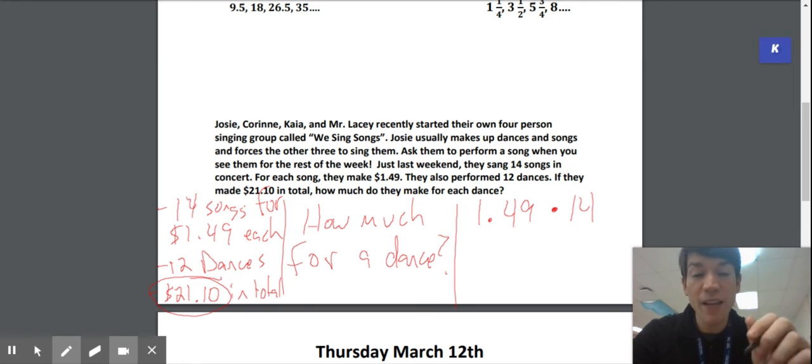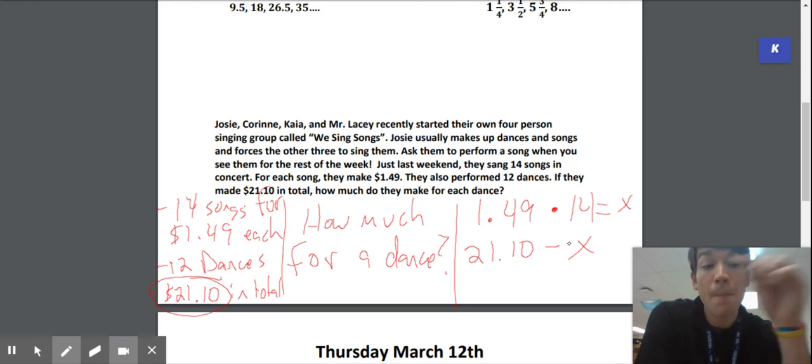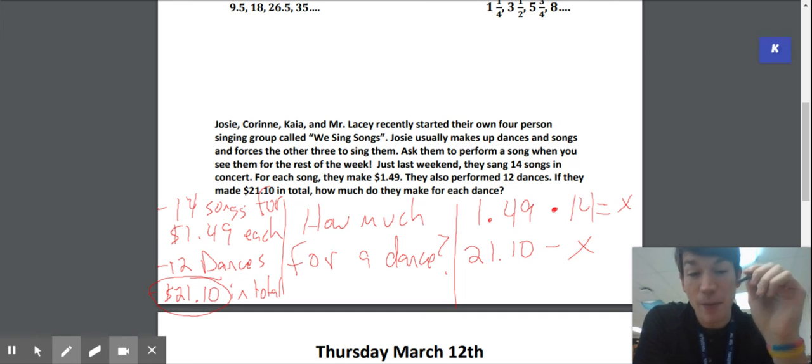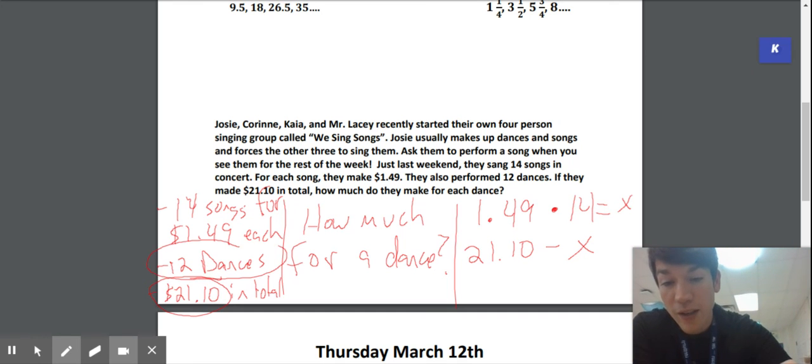So once I've multiplied $1.49 times 14, that's the singing part. I'm going to subtract it from my total. So we'll call this X. I'm going to subtract that from my total of $21.10. Now, what that's going to leave me with is just the dancing part. And now remember, there's 12 dances.